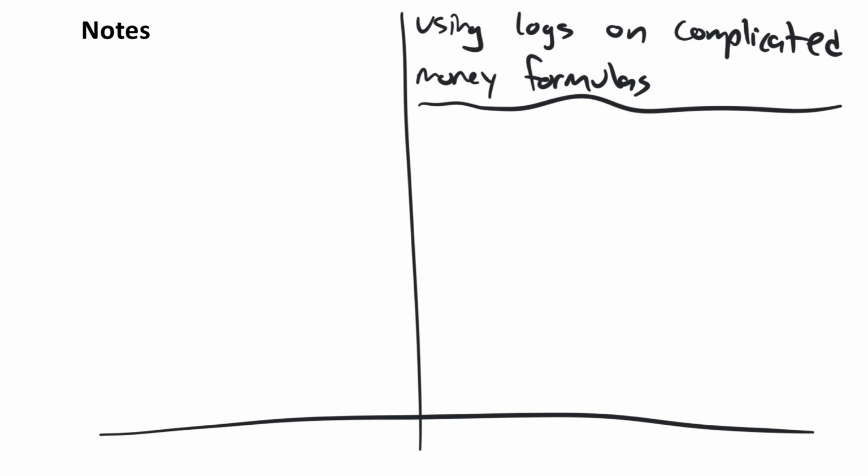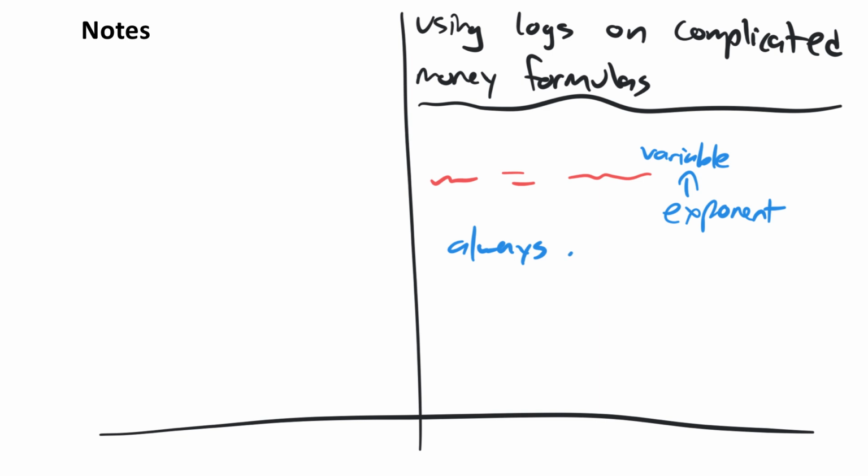Whenever you have some formula where you have stuff equals other stuff, and you end up with your variable up in the exponent, that's when you always need to take log of both sides. As long as you do that, everything should work out, even though the algebra might be a little tough.